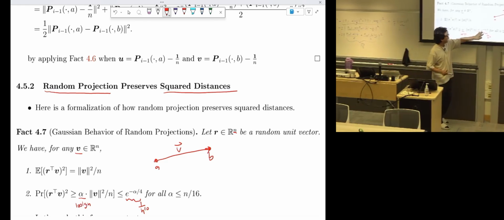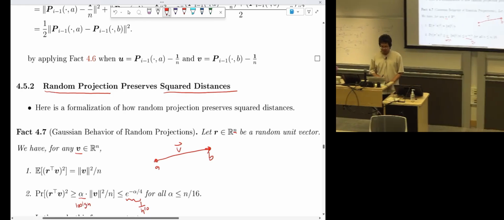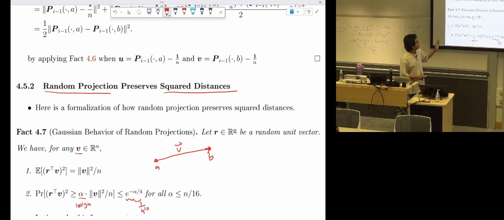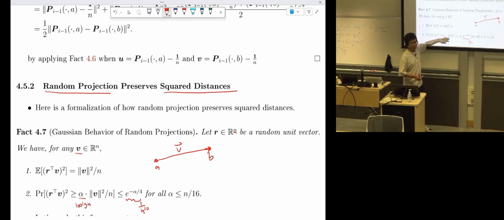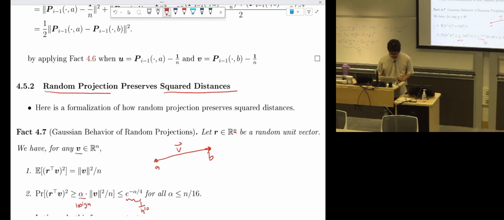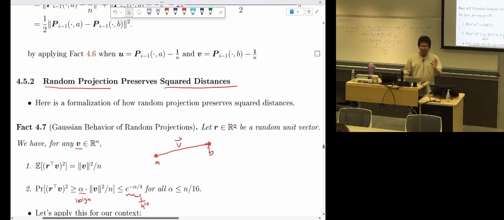So this is going to be tiny. We will not prove this; I will just assume it. It's about the random behavior of this random projection, and it says that this looks like Gaussian. Any question about the statement?